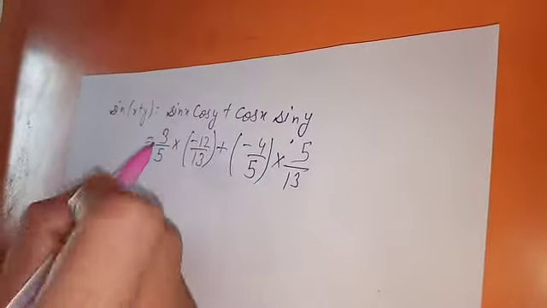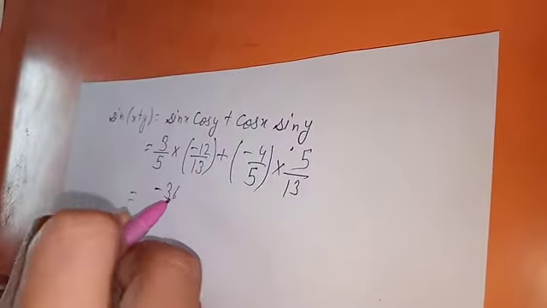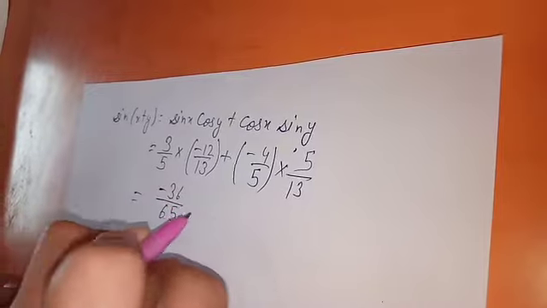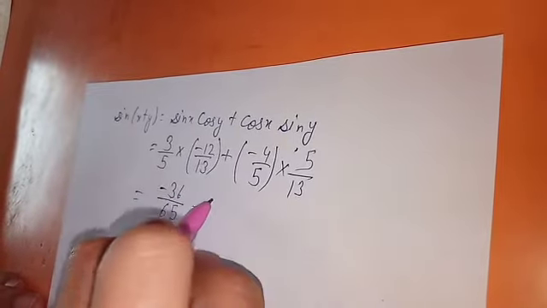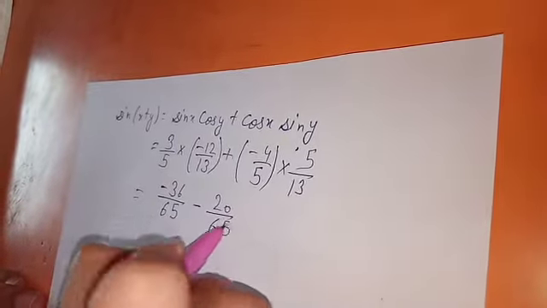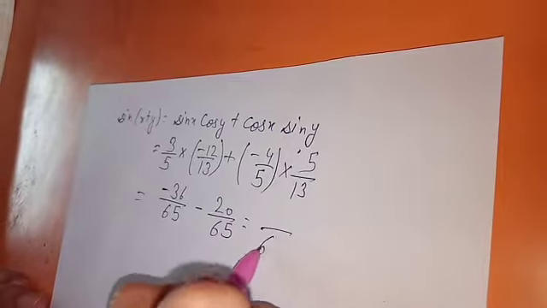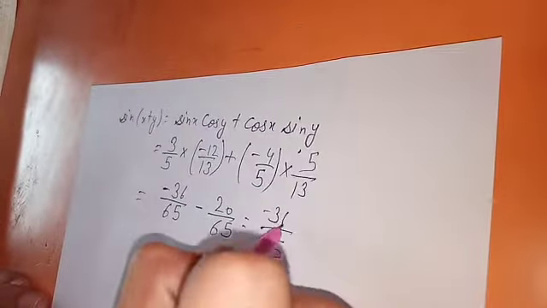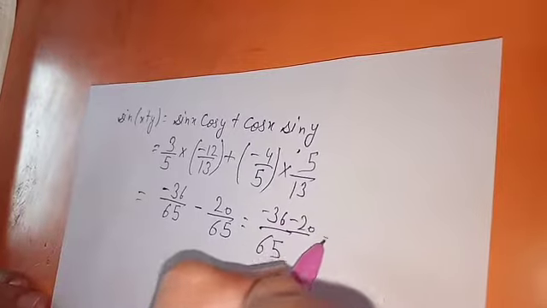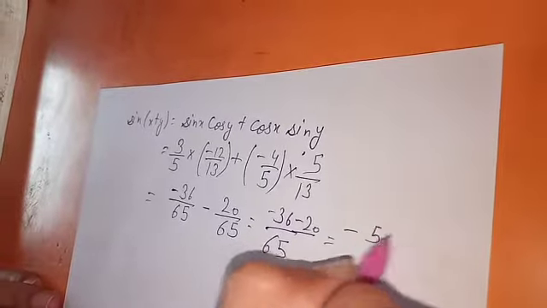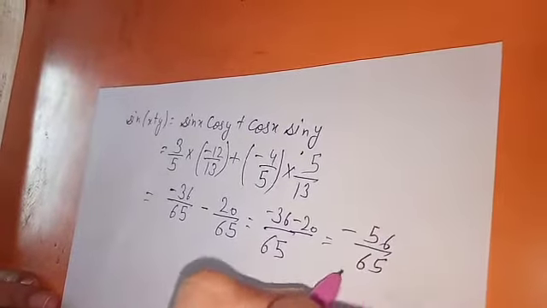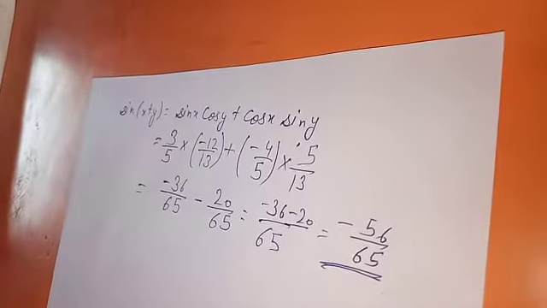So this is 12 threes are 36, minus 36 by 65 minus 20 by 65. 65 will be our LCM. Minus 36 minus 20, it becomes minus 56 by 65, and that's our answer.